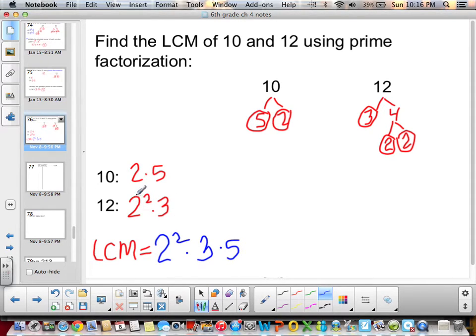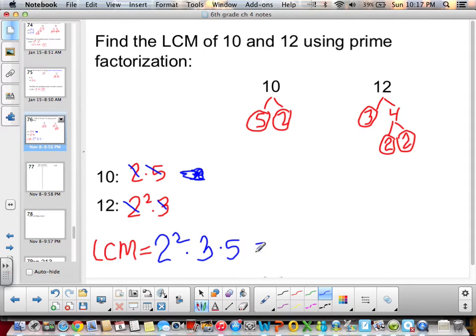So I used a 2, so if there's more than one number, sometimes it helps to cross it off. So I got my 2 out, then I have to use my 3, and I have to use my 5. Okay? If, for example, there was another 3, 2 times 3 times 5, we would still only use this 3. We just have to use every single number that's used and then pick the one with the highest power.